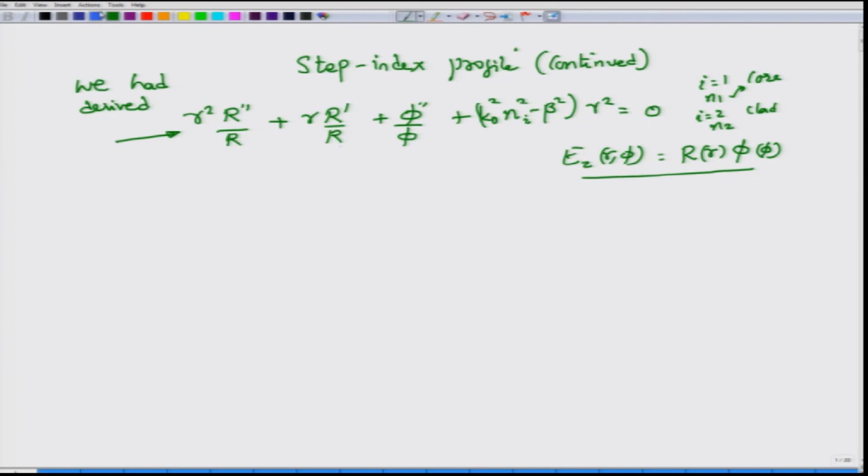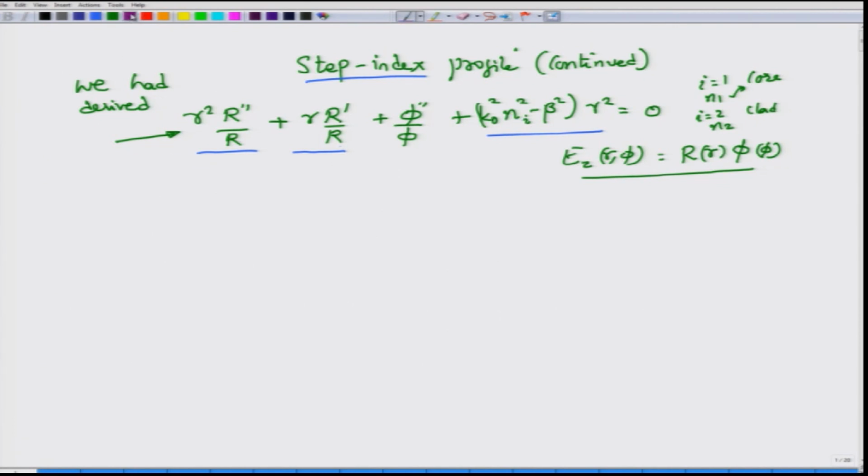Now, you see this equation. I will take another color pen here, and underline those terms which are functions only of r. Clearly, the terms which I have underlined here with a blue color are functions only of the coordinate r. Of course, I am assuming that beta is a constant, it does not depend on any other coordinate, and because we have assumed a step index profile, the value of n is independent of r and phi, it is just equal to n1 in the core and n2 in the cladding.